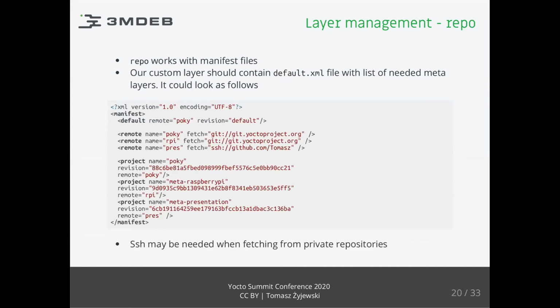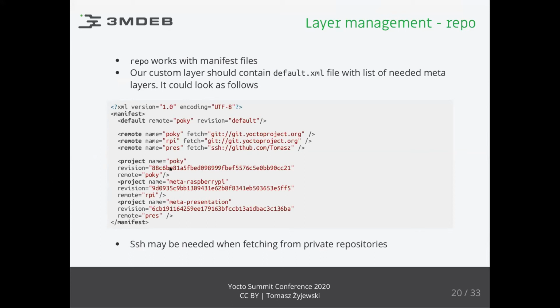Okay, so repo works with manifest files. In the case of Yocto, the file will contain the list of layers with the appropriate revisions. To our custom layer, a default.xml manifest file was added with the following content. We see that every meta layer has its entry, and the meta layer here is named as the project.